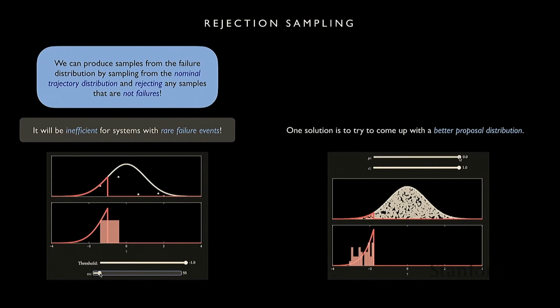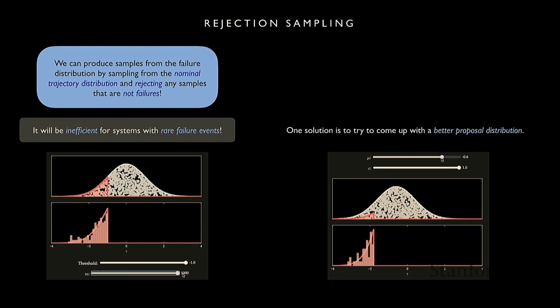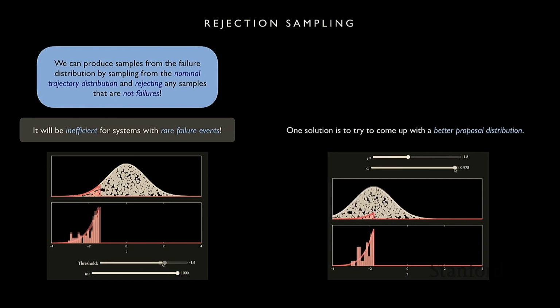Okay, so what we just saw is that if we just use the nominal trajectory distribution, this can be inefficient for systems with rare failure events. And if we try to come up with a better proposal distribution, we can improve this process, but that might be difficult to hand design. That brings me to the challenges or drawbacks of rejection sampling.